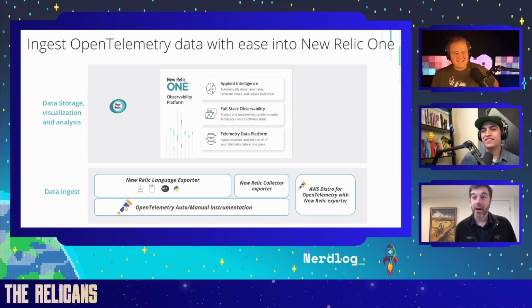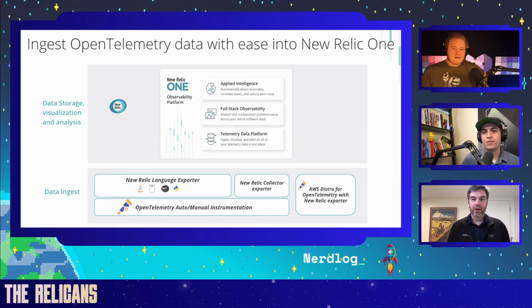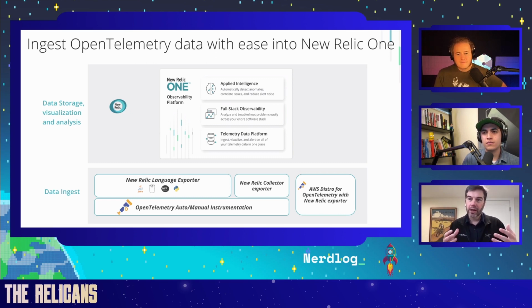Exactly. So yeah, for New Relic, we have a very powerful telemetry data platform for ingesting that data and interpreting it. Full stack observability provides a great curated experience for understanding all of your entities and pulling them together. And then we have applied intelligence for reducing alert fatigue and anomaly detection.